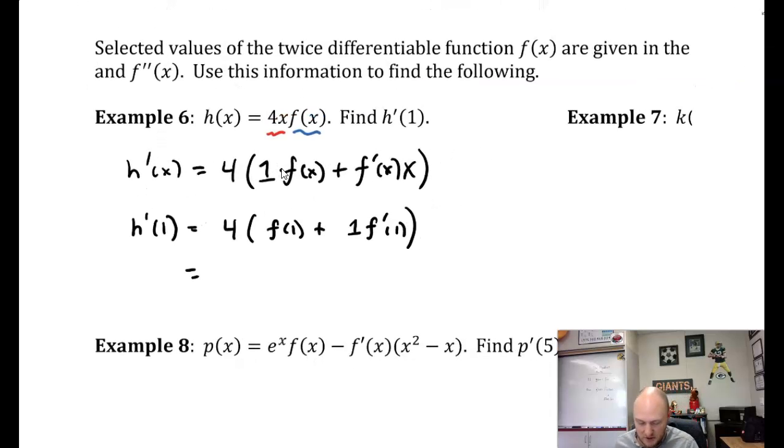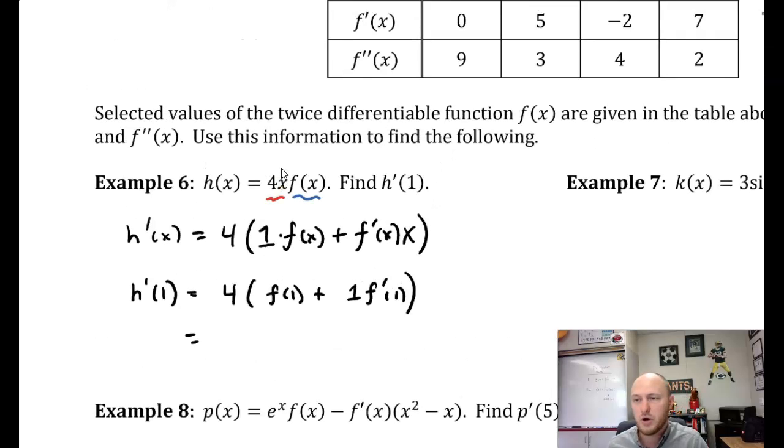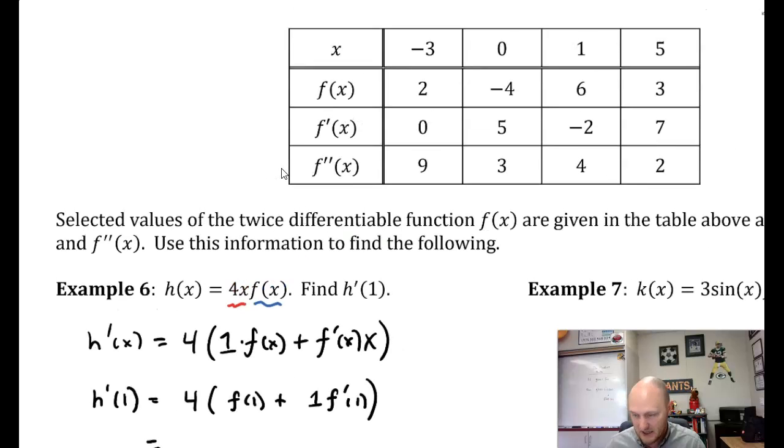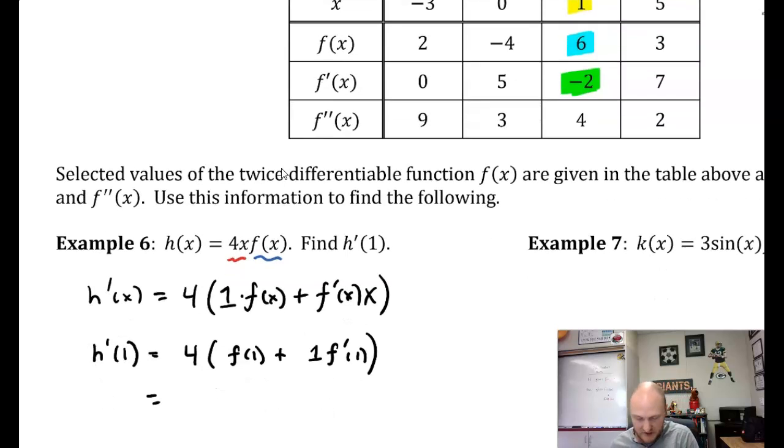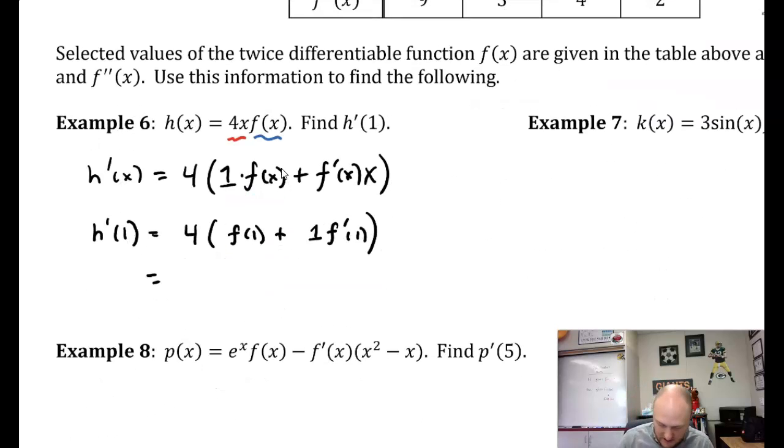Okay, so now it looks like I just need f of 1 and f prime of 1. So I'm going to go to my data table. I'm going to identify my independent variable 1 and say, okay, f of 1 is 6 and f prime of 1 is negative 2. So it looks like we have 4 times 6 plus negative 2, which looks like 4 times 4, which is 16.